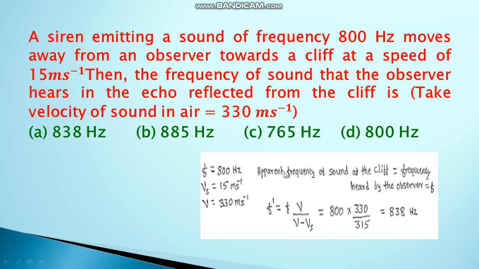So the apparent frequency of sound at the cliff is equal to the frequency heard by the observer. Again the formula is the same, f dash is equal to f into v by v minus vs. Substitute this and solve, you will get the answer 838 Hz. So our answer is A.